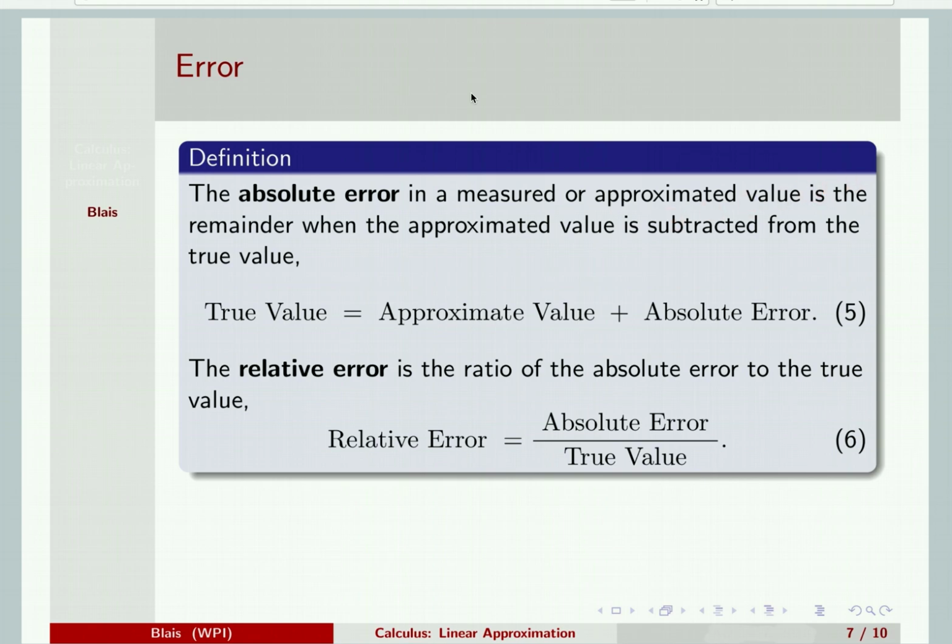It's just, what's the real value, the true value, minus the approximate value. So take the true value, subtract the approximate value, that's your error. The relative error converts things to percentage terms. So you take the ratio of the true value versus how much your error measurement is off by.